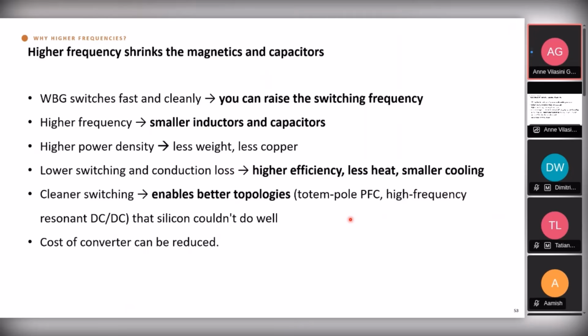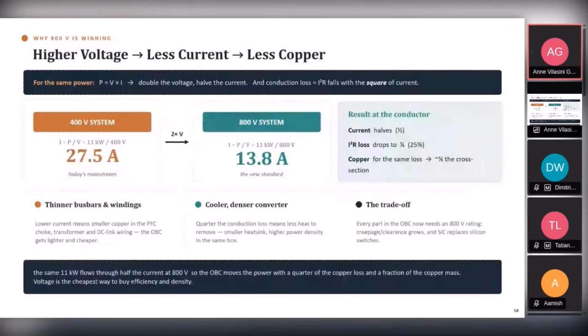It is just because at higher frequency the components have to store only some energy when compared to lower frequency. That's why the components themselves are becoming smaller. Small passives mean higher power density, less weight and less copper, and you're also lowering the cost. However, when you go for higher frequency, you also have more EMI noise, and you need to design your filters well.